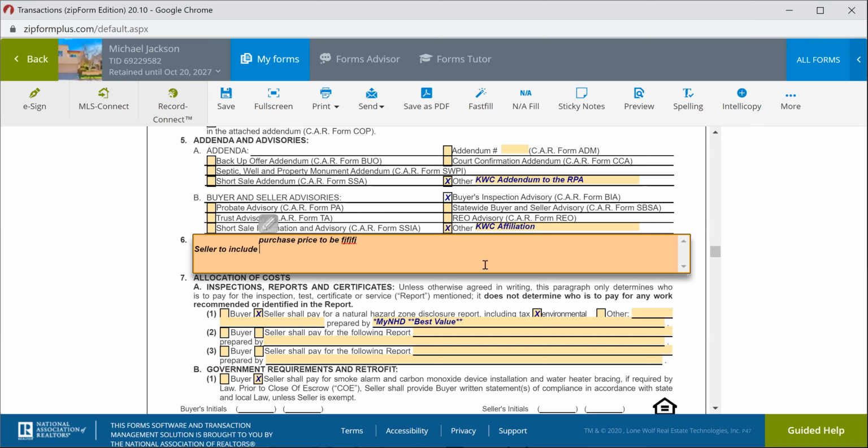Seller to include, seller to vacate property, or seller to deliver home vacant at COE, right?